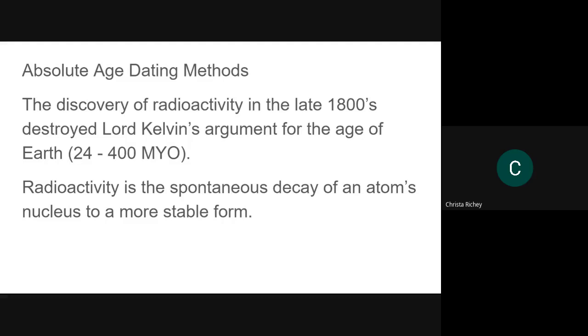But he said originally, before we understood anything better, that our planet, that life itself, this thing that we live on, this blue bubble that's going around our sun, was not more than 400 million years old. With the understanding with current technology, with radioactivity, we know that that's like way outside of the ballpark.